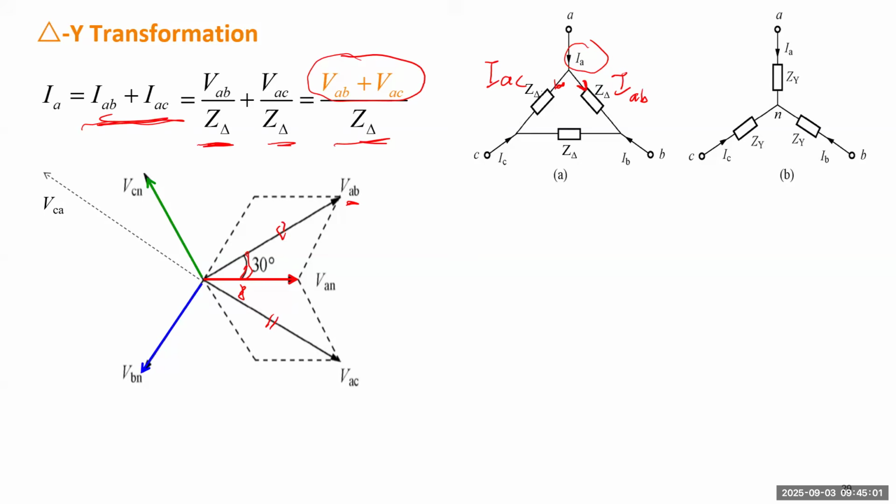So what is VAB plus VAC? We will draw a parallelogram. This one will be the sum of the two line-to-line voltages. So this will be VAB plus VAC.